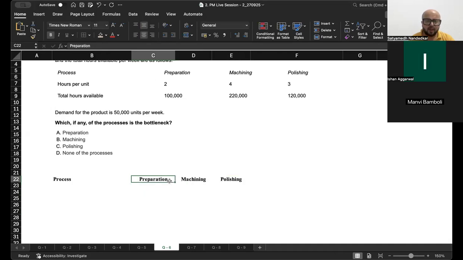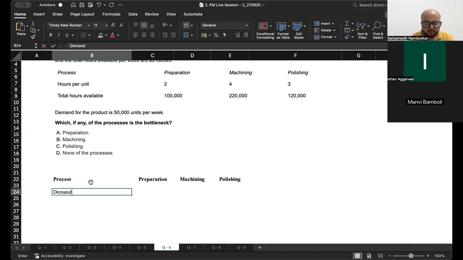Okay. Now have a look at the 3 processes. How much is the demand?